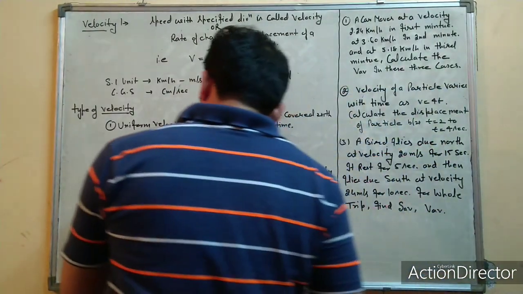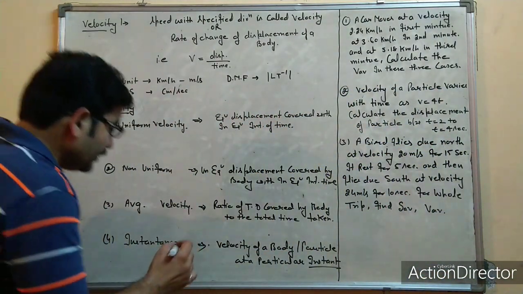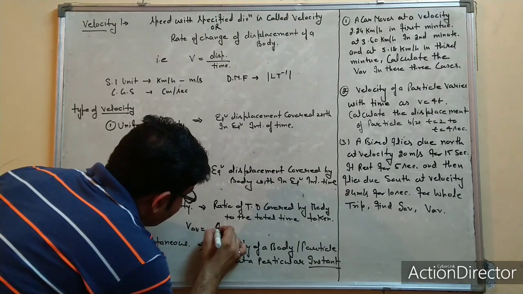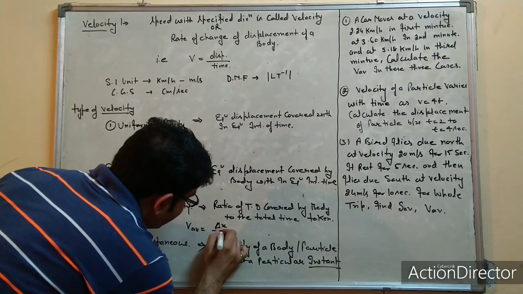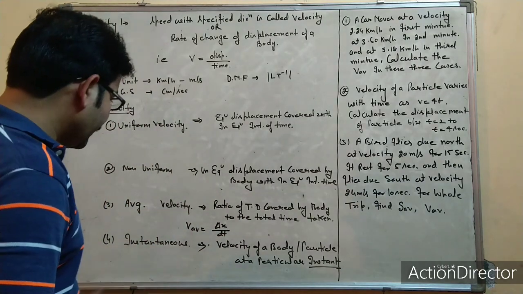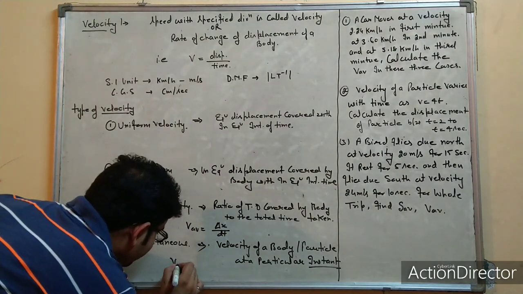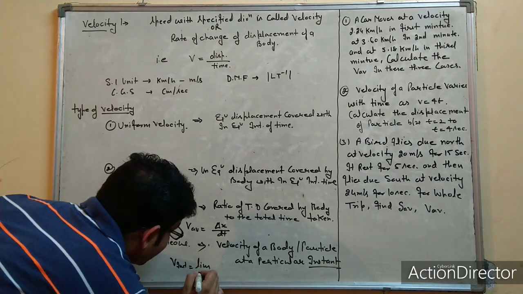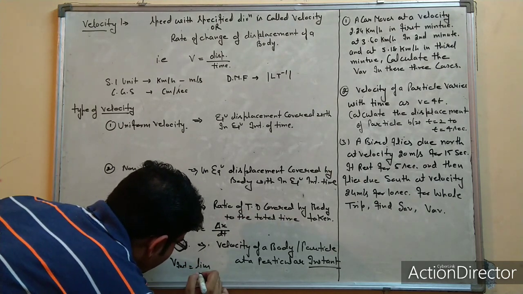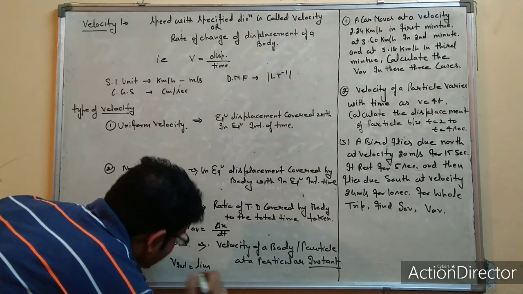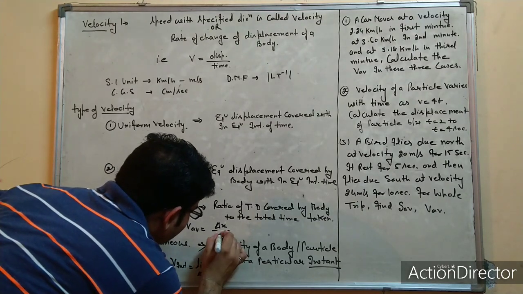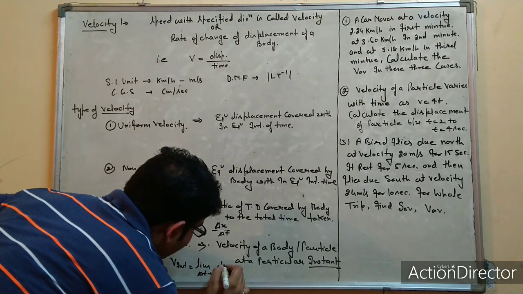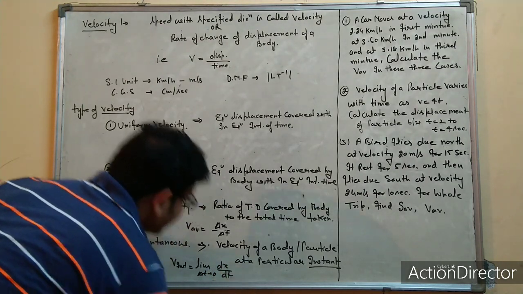Here, if we find the formula for average velocity, it comes out as V average equals del x upon del t. But in the case of instantaneous velocity, it will be the limit as delta t tends to 0 of delta x upon delta t, that is, dx upon dt.